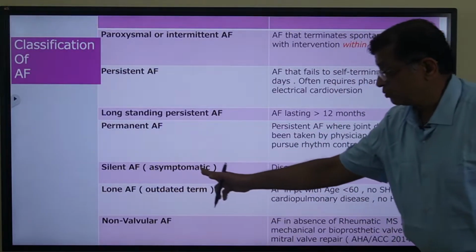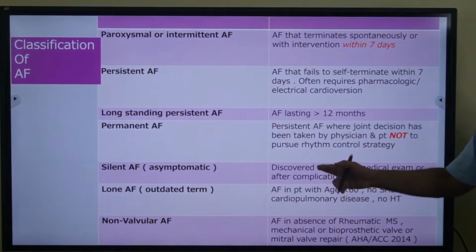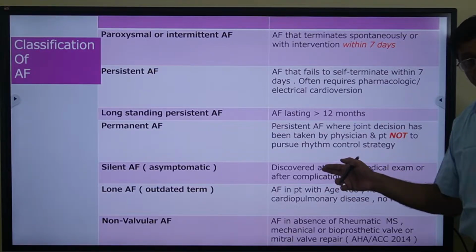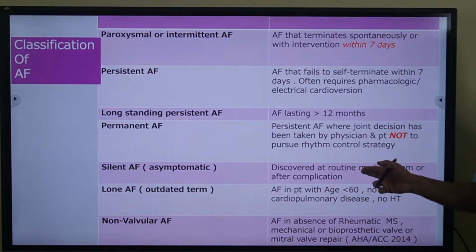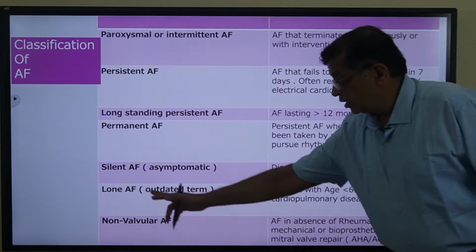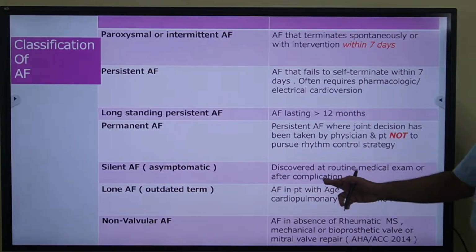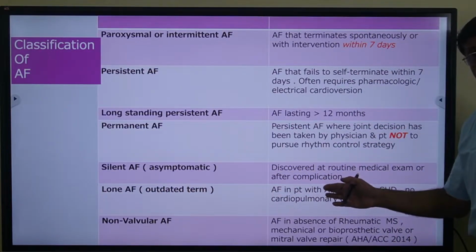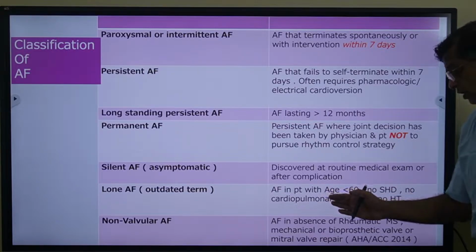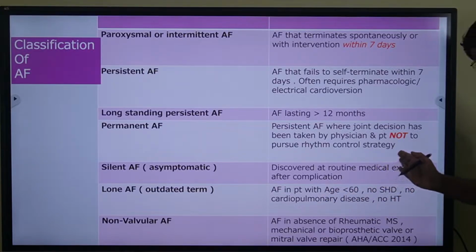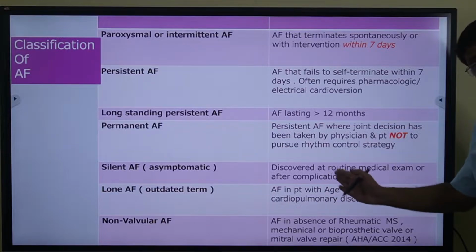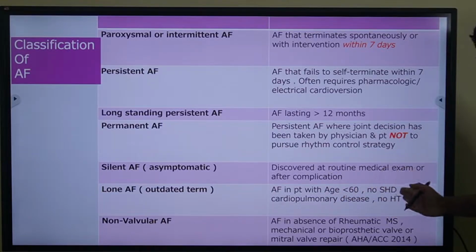Silent AF is asymptomatic. The patient does not know that he or she has AF, and it is detected during routine examination. Lone AF is an outdated term. This was initially used for those patients who are less than 60 years of age and do not have any structural heart disease, any cardiopulmonary disease, or hypertension.